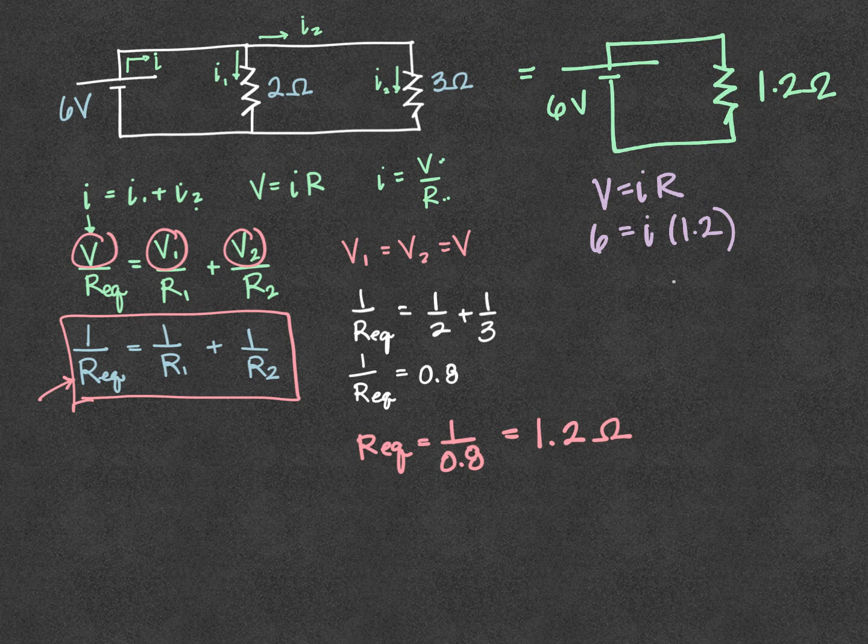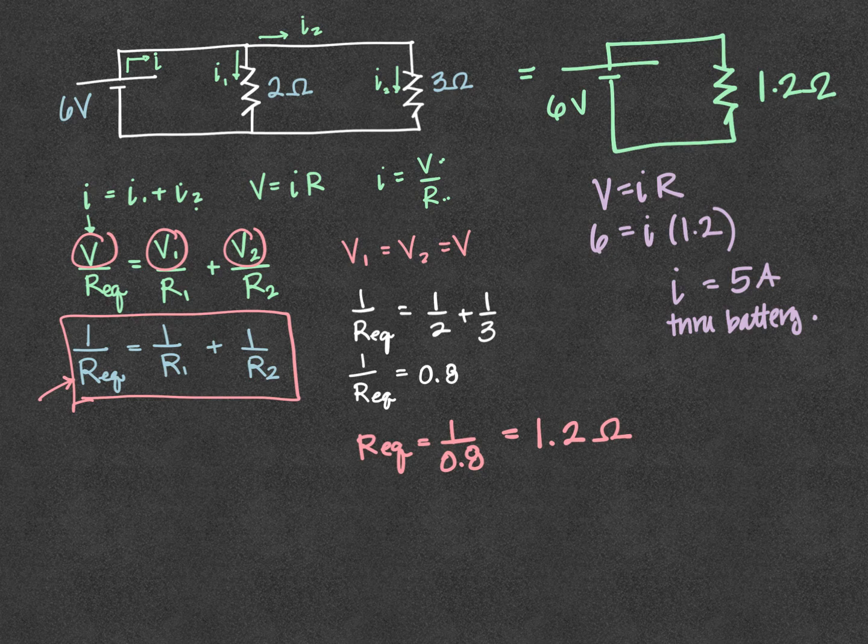So then the current is 5 amps. Now this is the current through the battery, and that is the current that is going to split into I1 and I2.